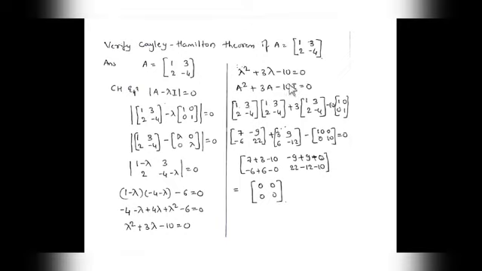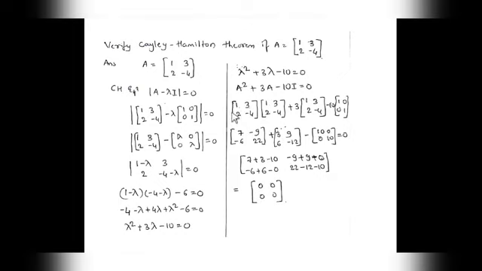We can convert this into matrix form by multiplying the identity matrix, that is equal to 0. A square is the matrix A into A. This will give us A square plus 3 into the matrix A minus 10 into the identity matrix I. This we have to prove is equal to 0, meaning it is equal to a null matrix or the zero matrix.